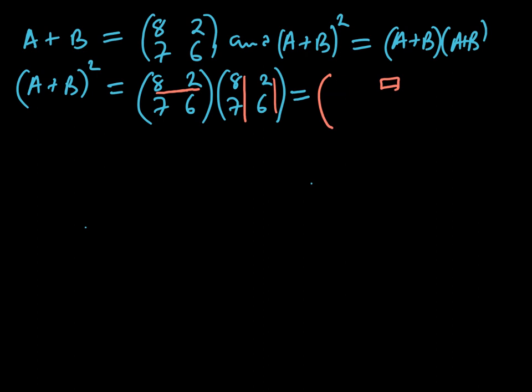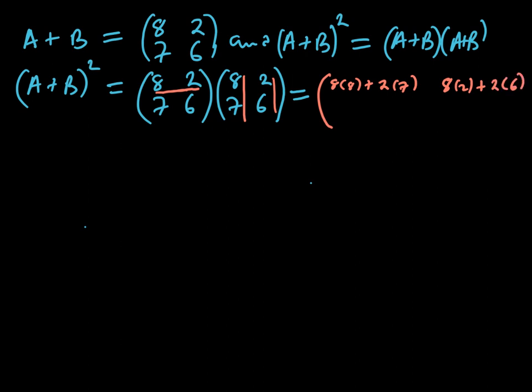Let me first erase this. Remember, when you are multiplying matrices, multiply row by column. We have 8 times 8 plus 2 times 7. Then you go to the next column, first row: that is 8 by 2 plus 2 by 6.